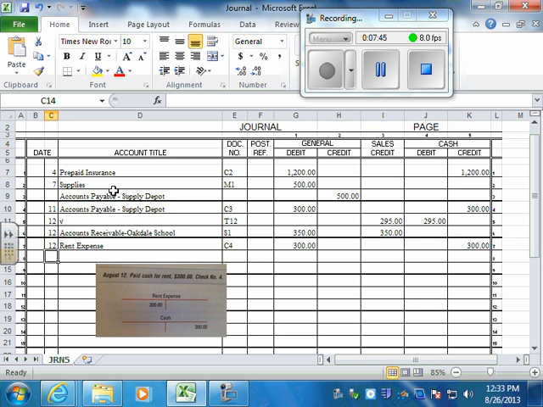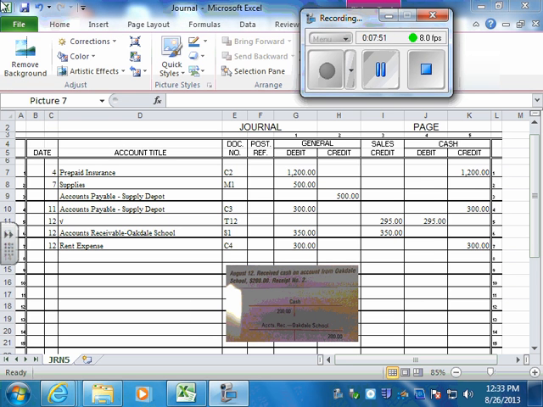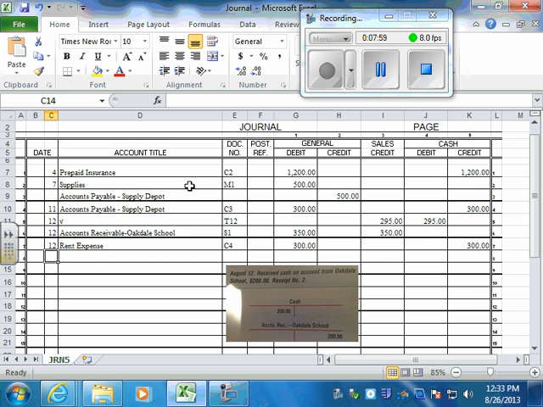And the next one is page 70, and it is receive cash on account from Oakdale School, $200. And it also happened on the 12th. I didn't even know when I said 4 12ths that we might actually have them. So the 2 accounts we're dealing with are cash and accounts receivable, Oakdale School.